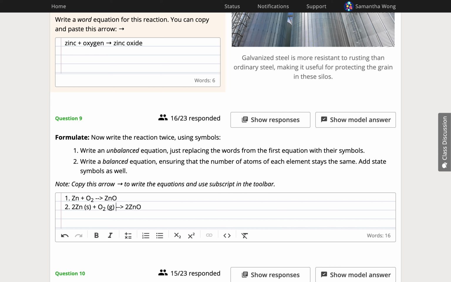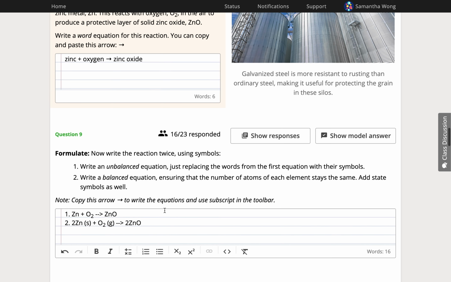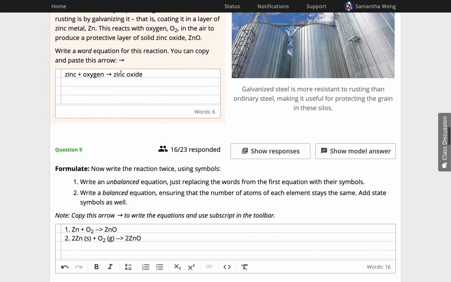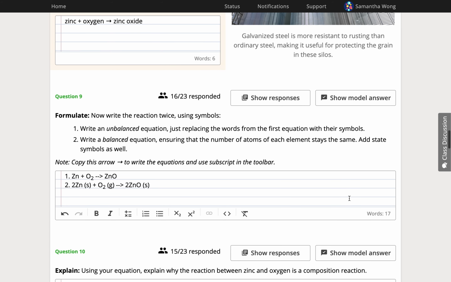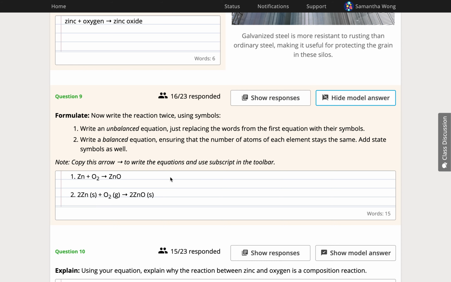So we're going to put a G. And zinc oxide here, it is still going to be a solid because it's a protective layer of solid. It tells us up in the question. So we're going to go ahead and put an S there. And that, Year 10, is how you solve question 9. So if I show the model answer, it'll be the exact same.